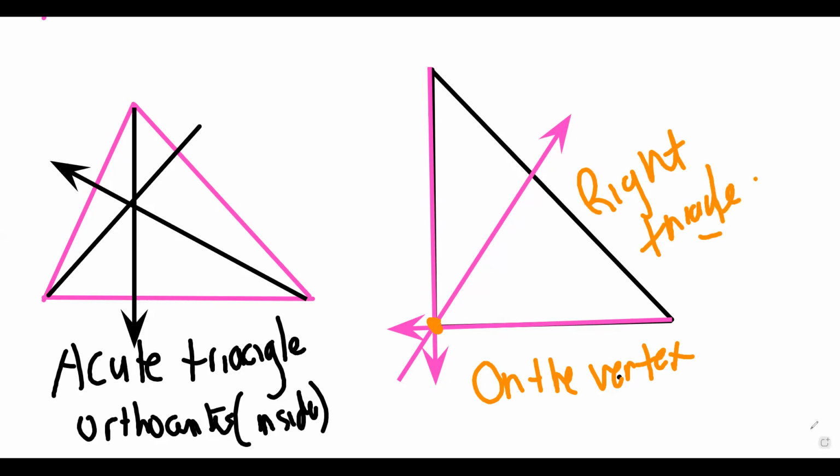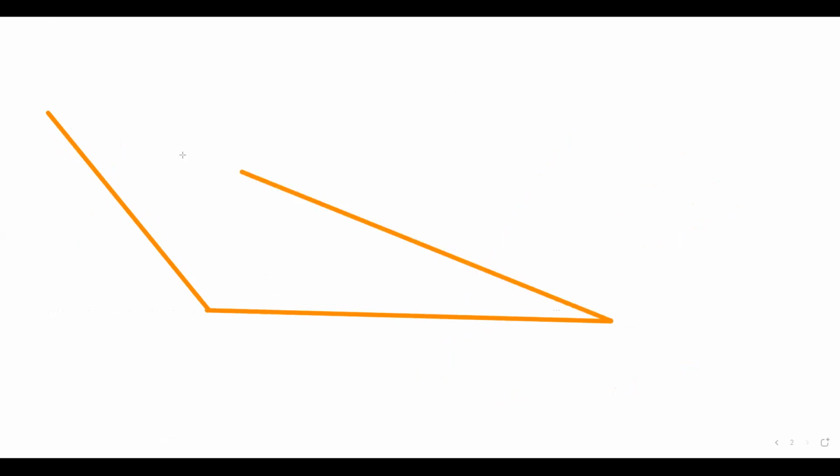Now, let's draw an obtuse triangle here. I must start from the vertex and perpendicular side.